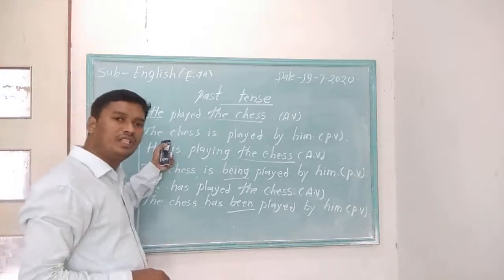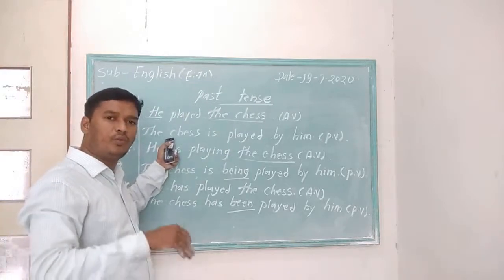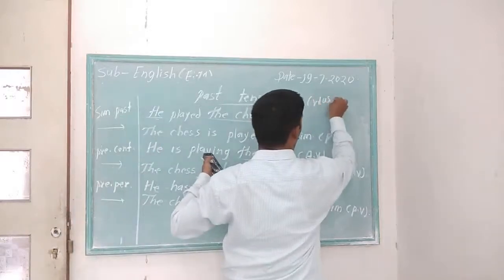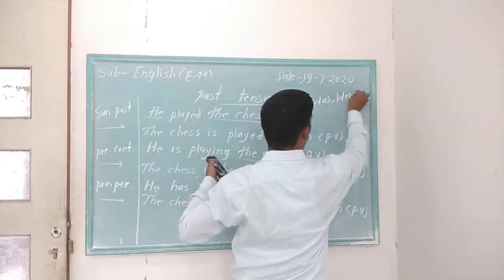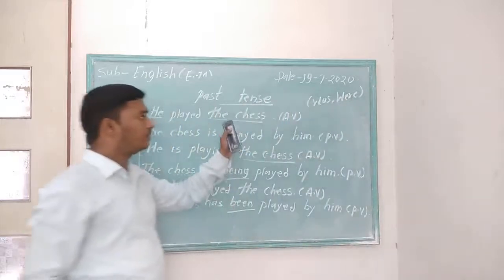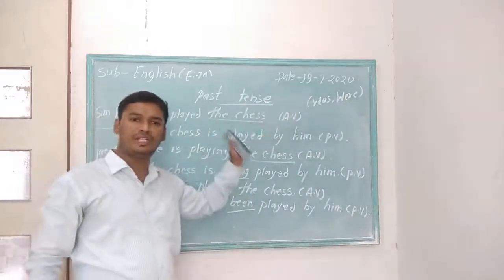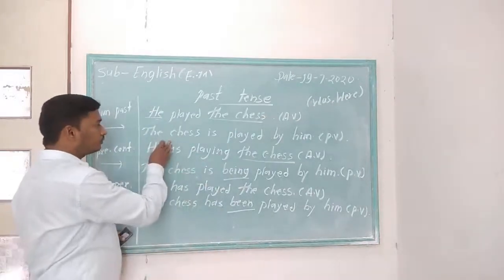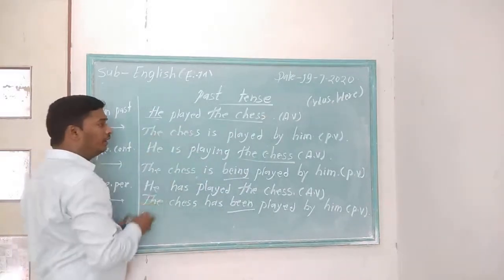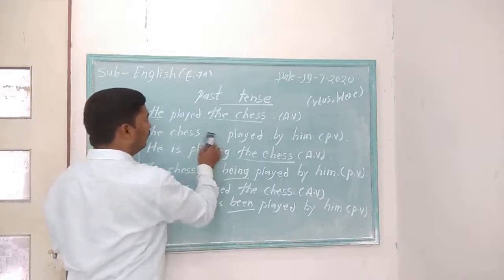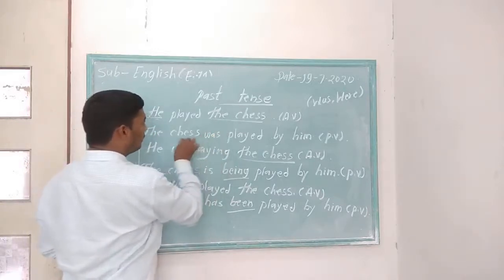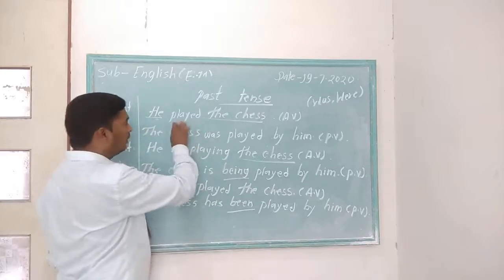What are the auxiliaries of past tense? Was and were. If the subject is singular, we take was. If the subject is plural, we take were. So first take the object, then the proper auxiliary verb was, because it is singular and simple past.